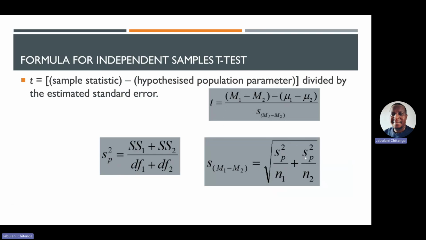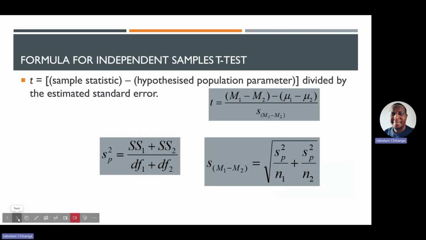So we need to calculate the pooled variance first. But before we calculate the pooled variance, we need to calculate the sum of squared deviation for each of the groups, for group 1 and for group 2, divided by the degrees of freedom for group 1 plus the degrees of freedom for group 2. So when we do that, we can complete the formula.